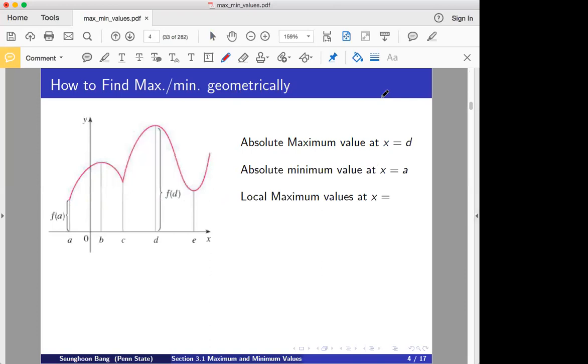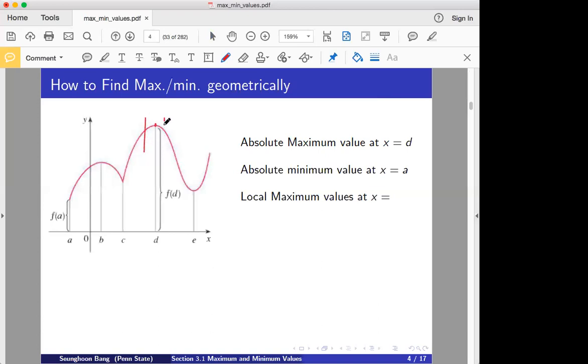Another one: local maximum value at x. Which x values are local maximum values? e, yes, e is a local maximum value. Yeah, b is also a local maximum value, because at this point you can think about it locally.